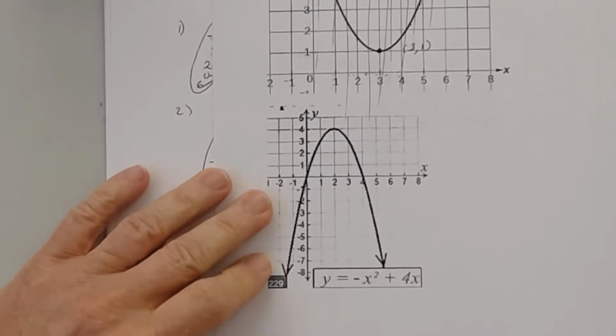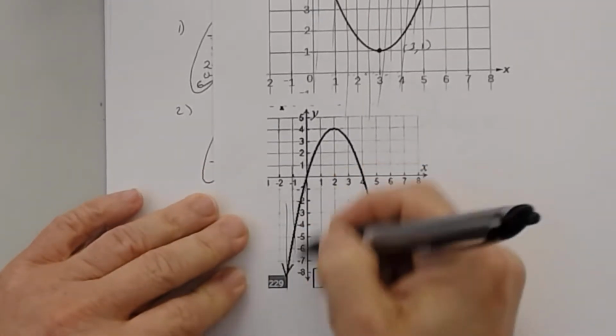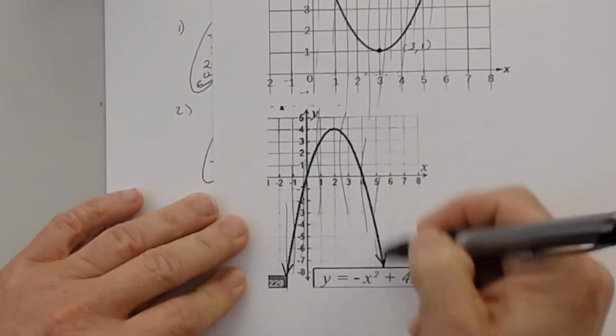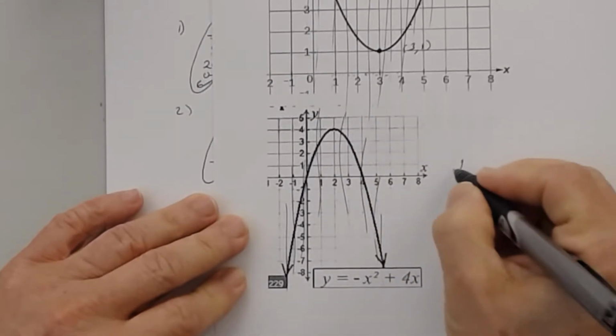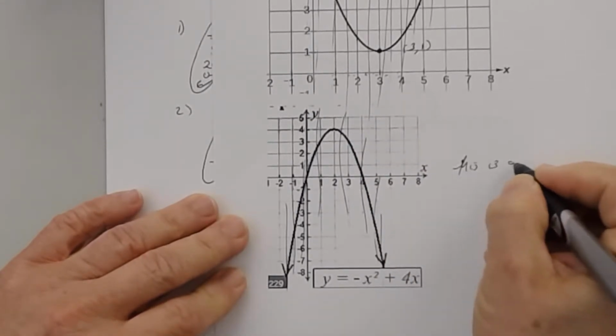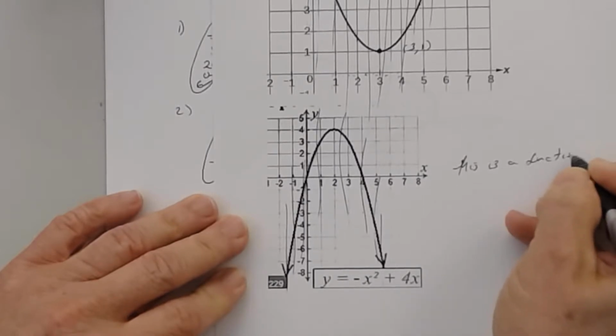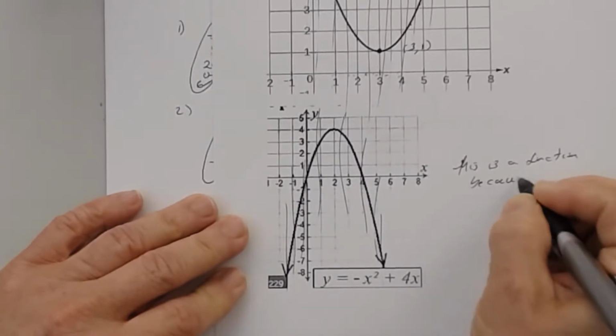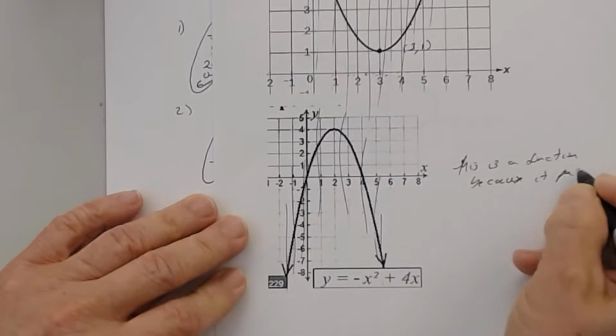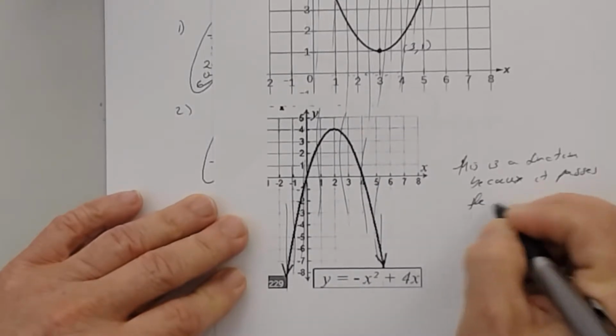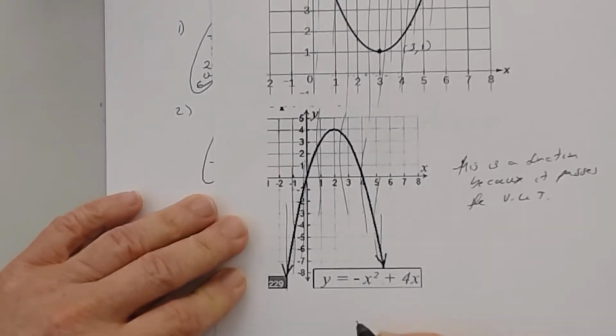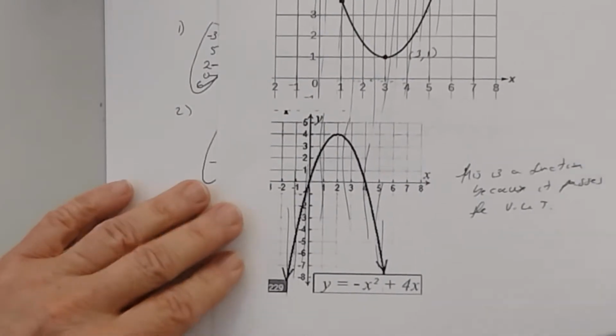Yes, that's a function. It passes the vertical line test. So it's a function because it passes the vertical line test. Okay?